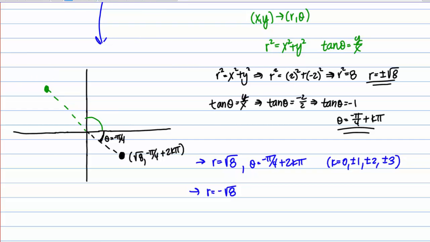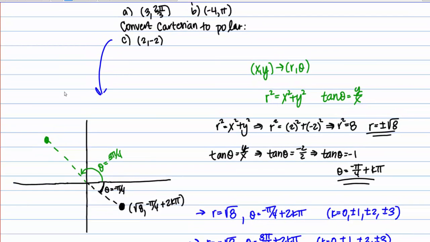And over here, the angle we could describe as theta equals 3 pi over 4. So then, if we want to use r equals negative root 8, we would just need to use theta equals 3 pi over 4, or once again, any multiple of that as far as rotations around the unit circle.